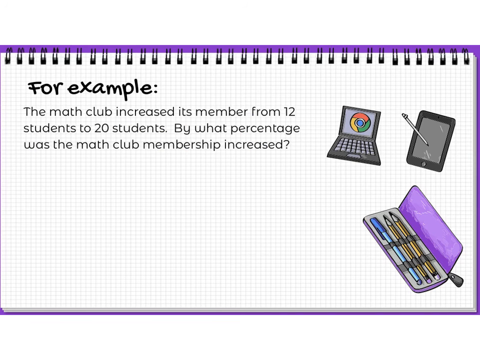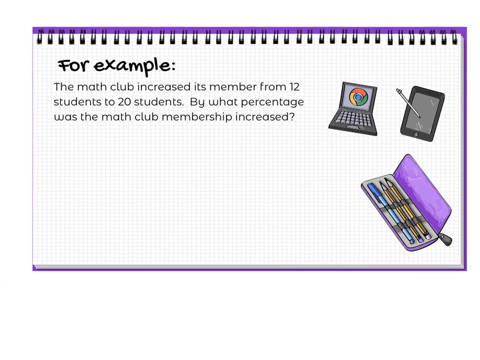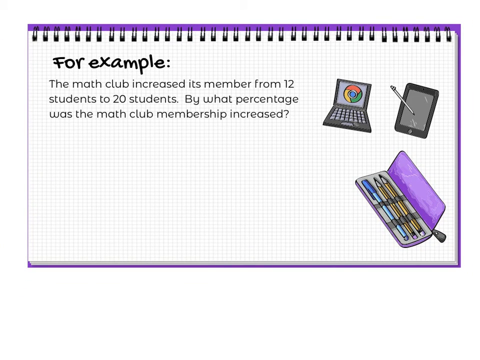Let me see. The next example is a percent increase. So the math club increased its membership from 12 students to 20 students. Yay! By what percentage was the math club membership increased? Okay, so again, I'm talking increased. So I'm going to figure out how many students it increased. Okay, I had 12 students.